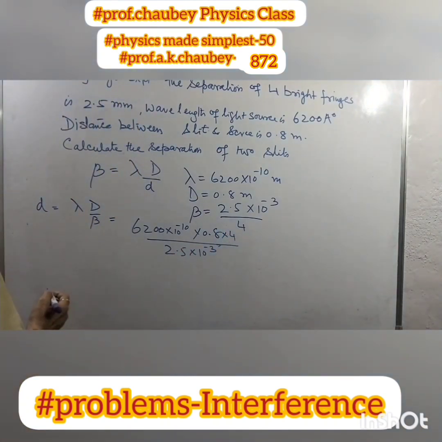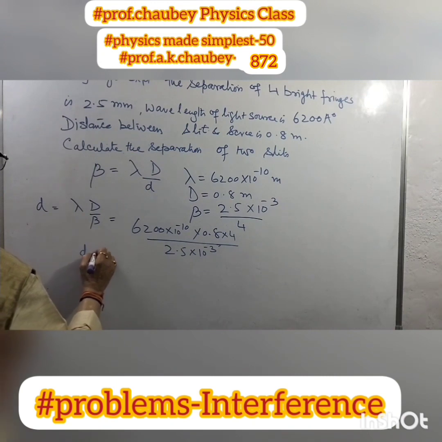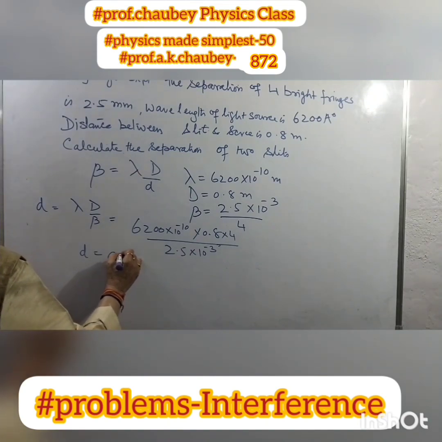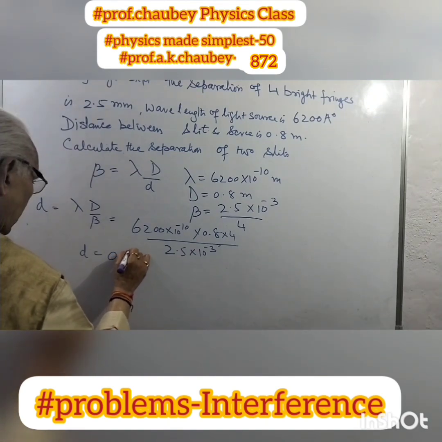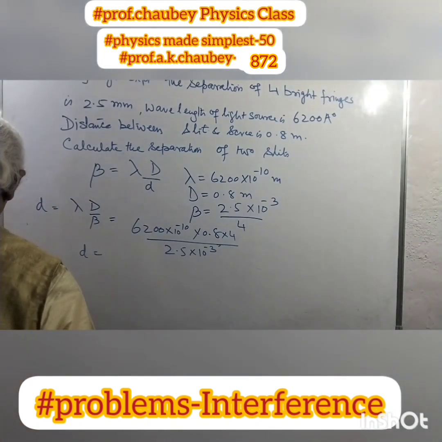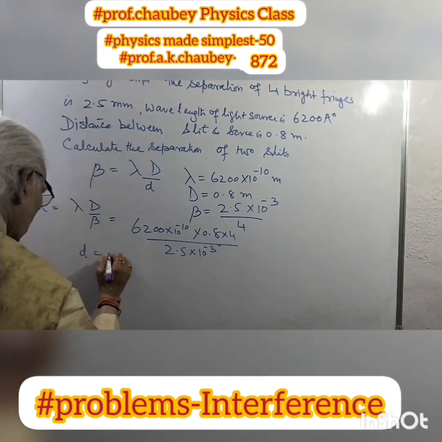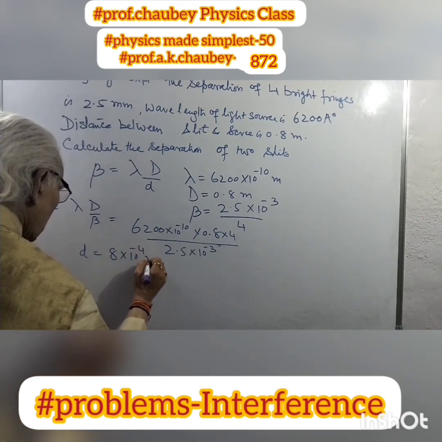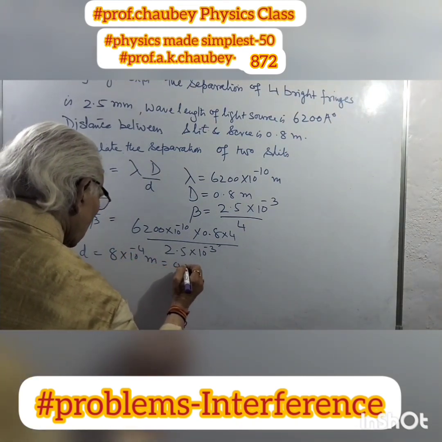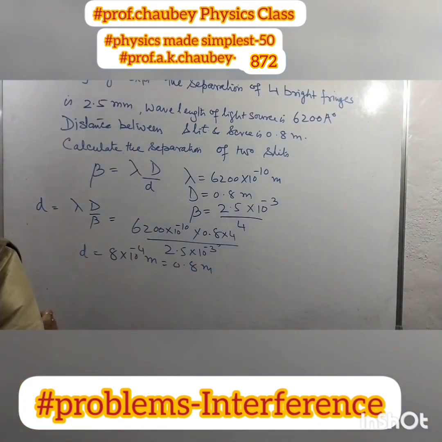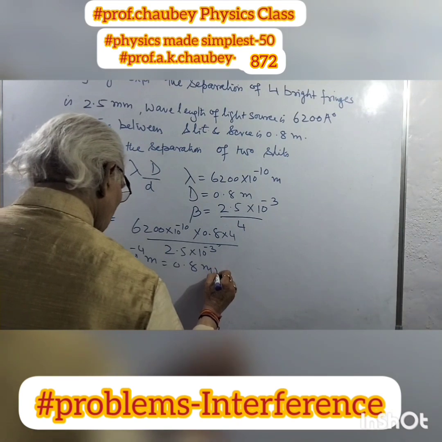Solve this, and you will get small d. First you get it in meters, 8 into 10 to the power minus 4 meter, that is 0.8 millimeter.